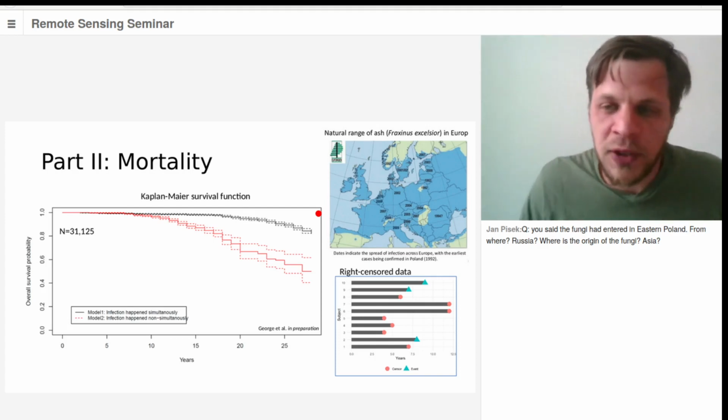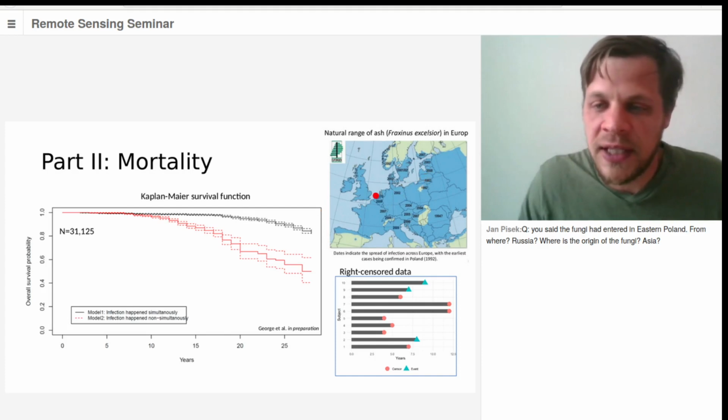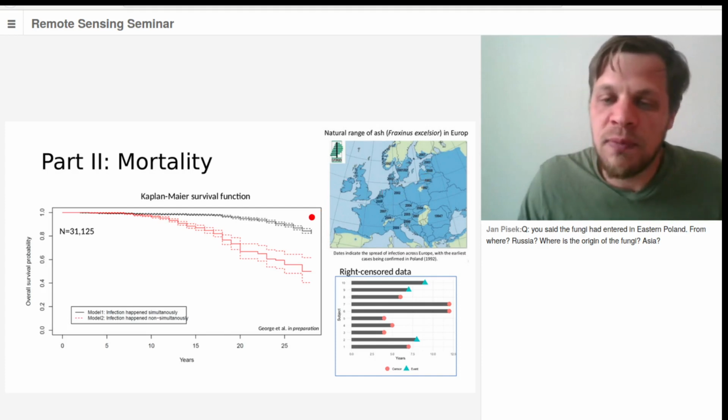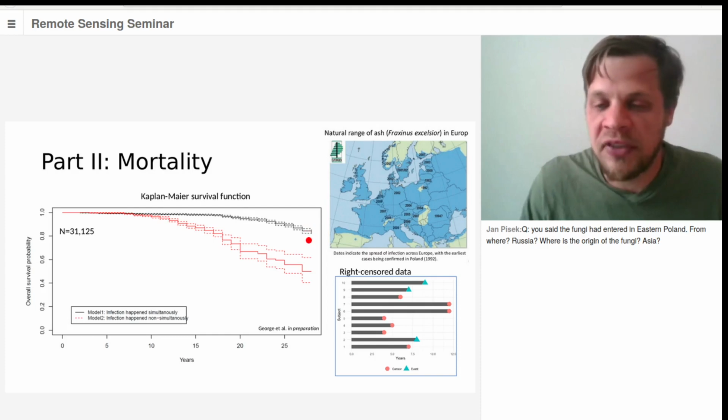But the problem is when you don't take into account that the fungi needed some time to get from here to here, it would mean that the survival times of these trees would be much, much longer, and therefore the survival probability would be much higher. And this is exactly the case.